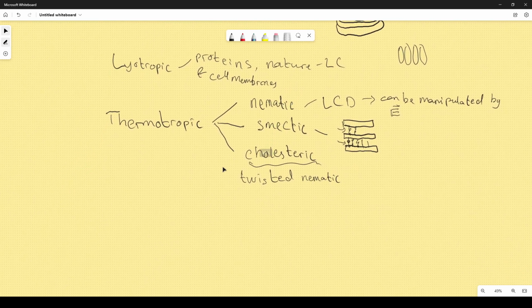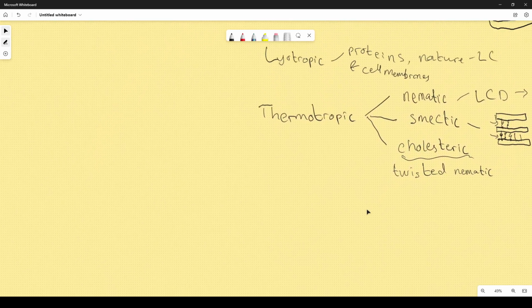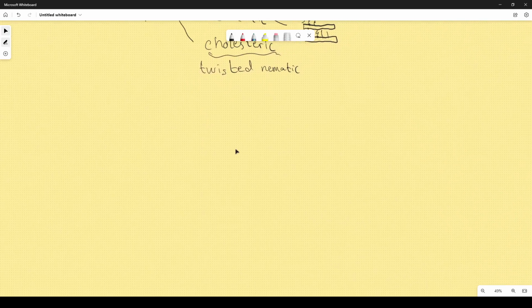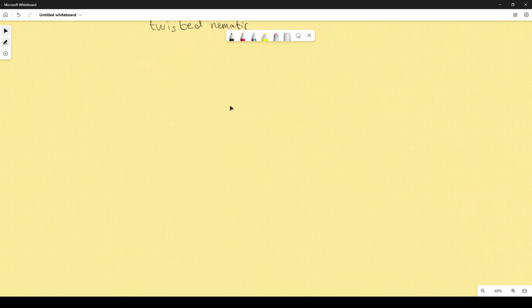Right, so this is the general overview of liquid crystals so far. And well, what's so special about liquid crystals? What makes them different from an ordinary crystal or liquid? Well, liquid crystals have special effects on polarized light.